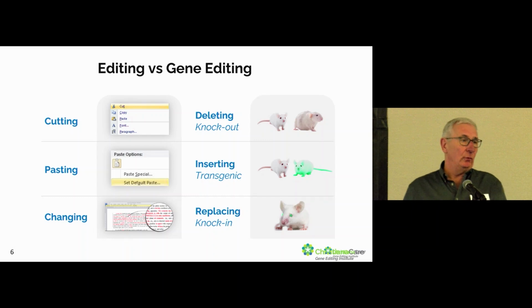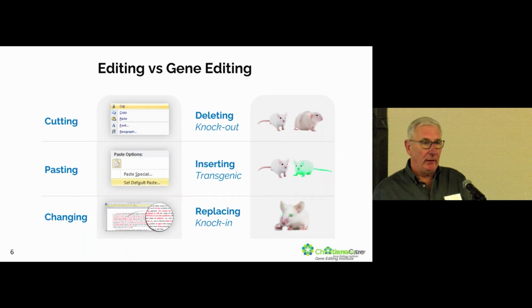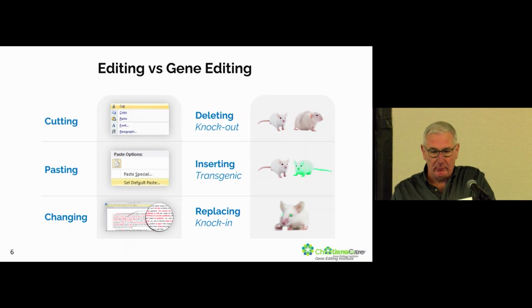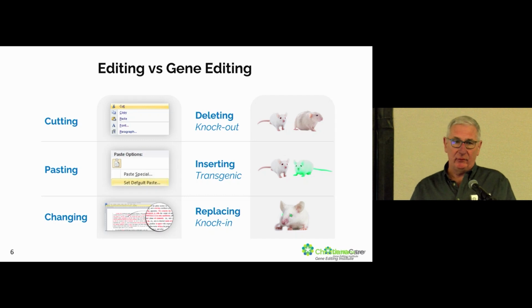So just to level set everybody, we've had many different discussions this morning in a really excellent gene editing session, and Bing went through this very nicely. But we think about gene editing as a genetic spell checker in which you can cut, paste, or change a word on your computer, and now we have the tools, believe it or not, to delete, insert, or replace, or knock in a specific gene or base itself.